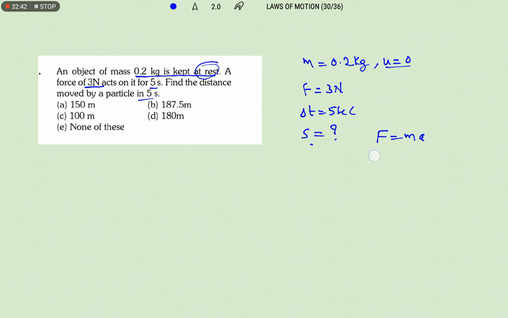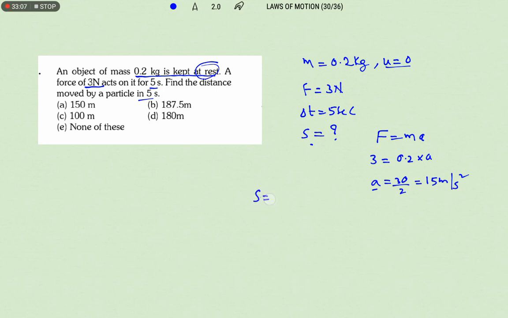Force is given as 3, mass 0.2 into a. Therefore a is equal to 30 by 2, that is 15 meter per second square, that is acceleration. If acceleration is known and time interval is known, can we find out the distance travelled?